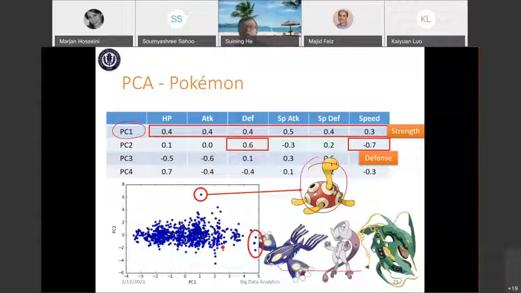Therefore, in terms of PC1, they have very high values, and they are all very powerful. But in terms of PC2, they have very small values, meaning their defense is not very remarkable. So this visualization shows some interesting behavior of the Pokemon.